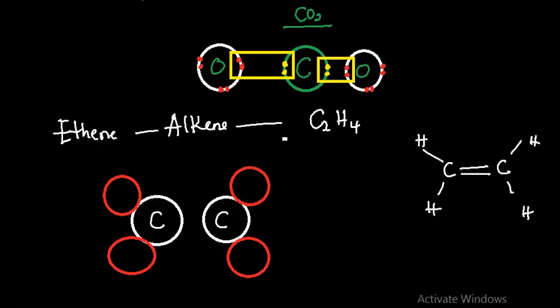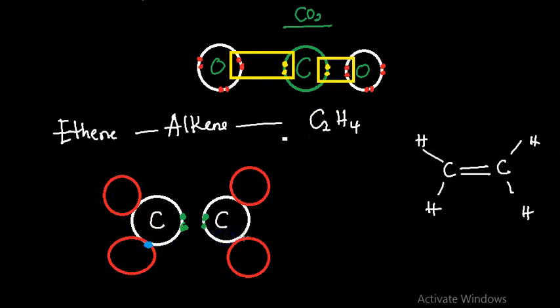Let's use the green color to indicate the valence electrons for carbon. This is simply going to be 1, 2, 3, 4. Let's use blue to indicate the valence electrons for hydrogen. It has 1, 1, 1, and 1. And this is hydrogen, hydrogen, hydrogen, hydrogen.